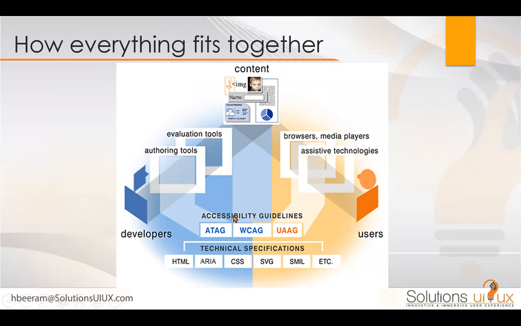And all of these accessibility guidelines, there are multiple of them. Authoring Tool Accessibility Guidelines, ATAG. So that means there are guidelines for folks who are building these tools for people with accessibility needs. And then Web Content Accessibility Guidelines. This is where your organization is building your web applications or websites to conform to the web accessibility guidelines. And then UAAG, User Agent Accessibility Guidelines.